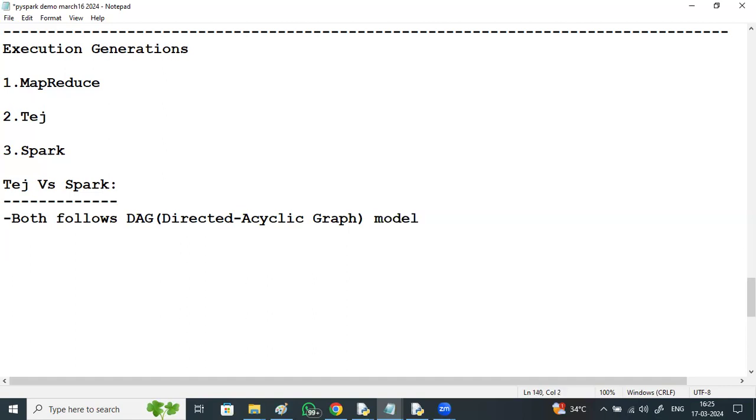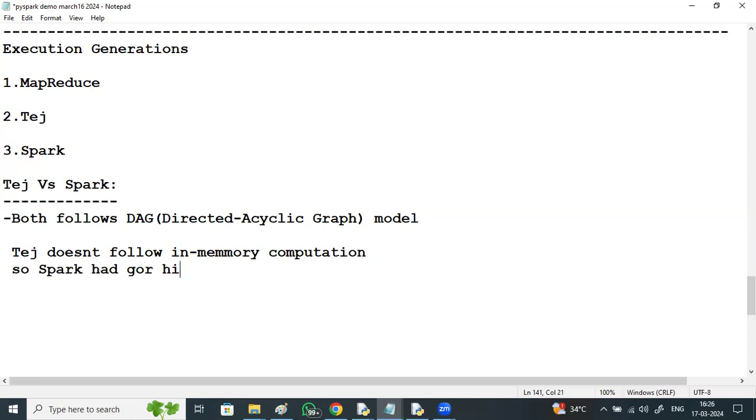But here, Tez doesn't follow in-memory computation.